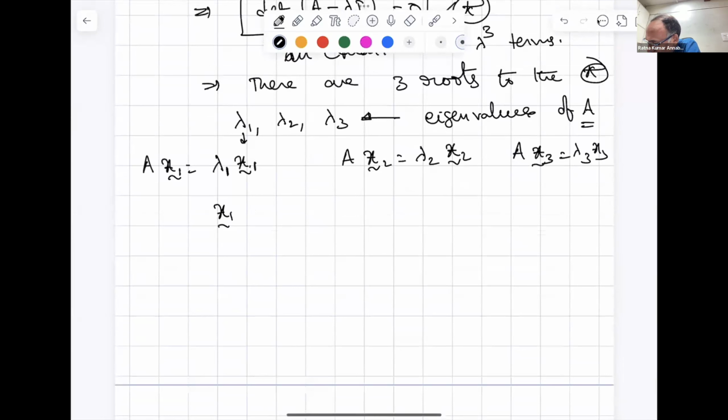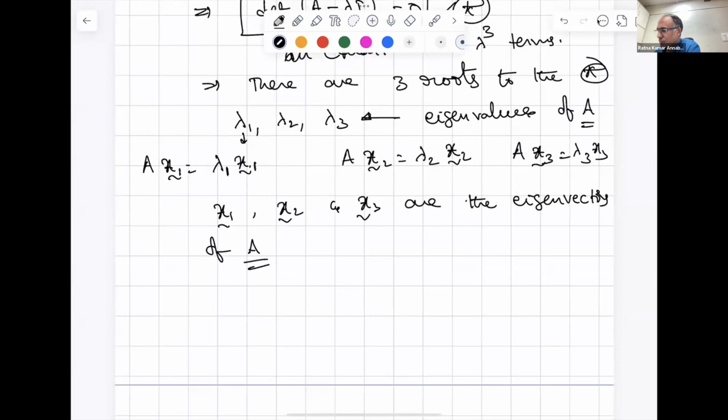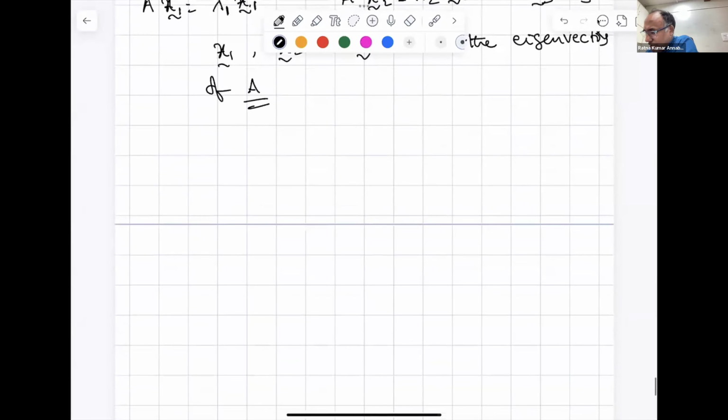So the vectors x1, x2, and x3 are the eigenvectors of A. So if you have a 3 by 3 matrix A, it has 3 eigenvalues, and corresponding to each eigenvalue there will be an eigenvector. So 3 corresponding eigenvectors.